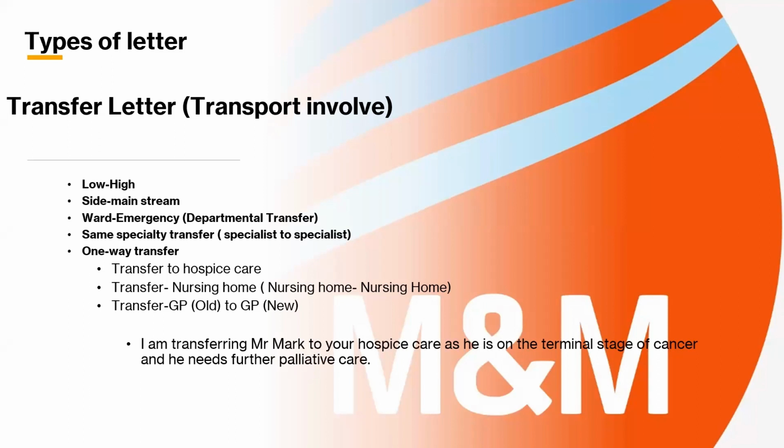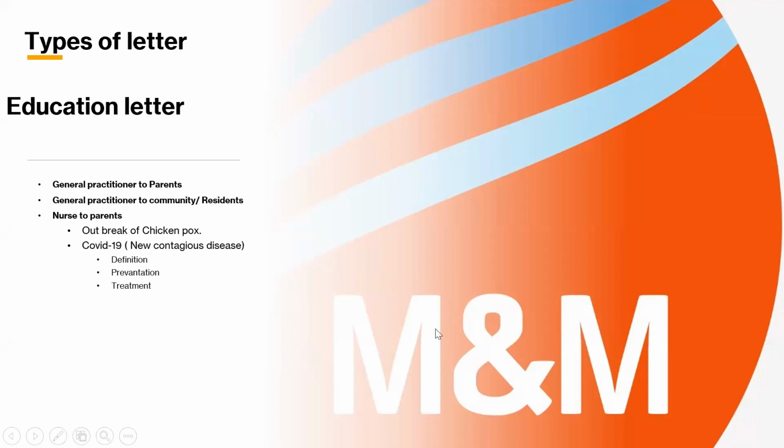Okay, so I can write it this way: I'm transferring Mr. Mark to your hospice care as he's in the terminal stage of cancer and he needs further palliative care.